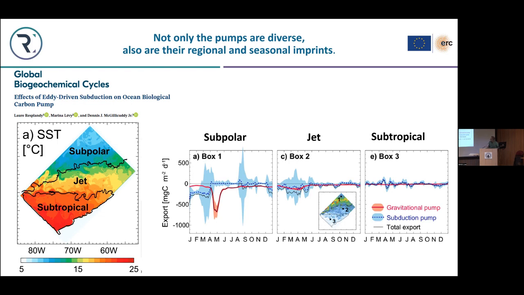In the subpolar gyre, we have a strong impact of the gravitational pump and of the subduction pump, more so than in the subtropical area. You can also see a succession where the gravitational pump comes after, very likely, the mixed layer pump.